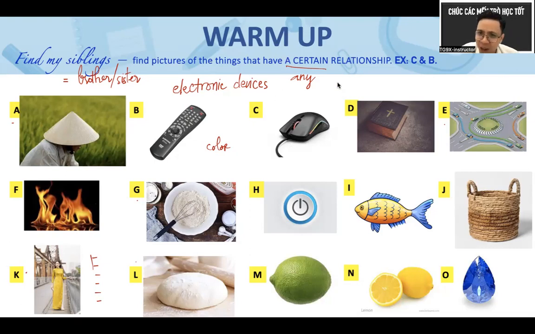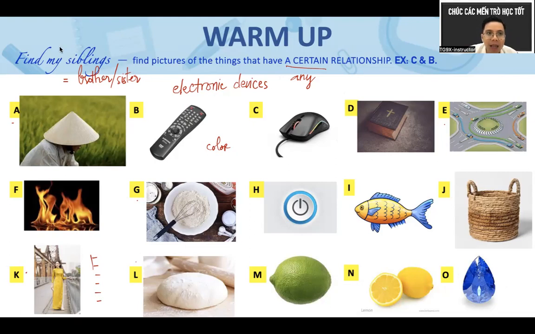Okay, chị Ngọc, can you help me explain again clearly so anh Tùng can know why? Can you tell me please again why O and F are a pair? Chị Ngọc, where are you? Yes, I'm here. Why O and F are the same? Because my friend needs you to explain.